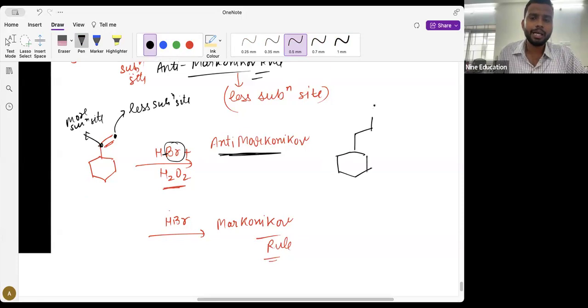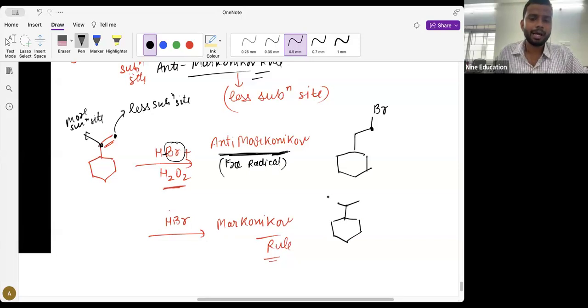It should come at less substituted side, है ना? तो इसको less substituted side पे आना in anti-Markonikov by free radical mechanism, और अगर हमारे पास सिंपल HBr है तो हमको क्या करना, Br minus will come where?